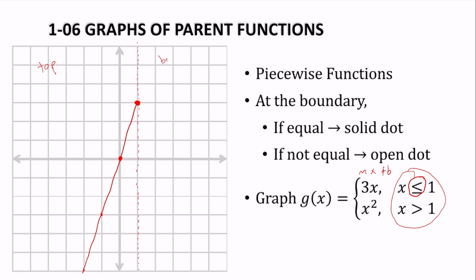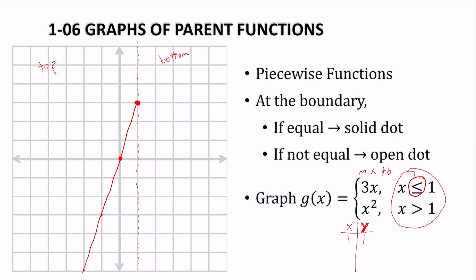On the right side, we're going to use the bottom function. And maybe we will just make a table for this one. Start at 1. I know it doesn't include 1, but it gets anything greater than 1. So 1.000001, or essentially 1. So if I plug in a 1 into the bottom, 1 squared is 1.